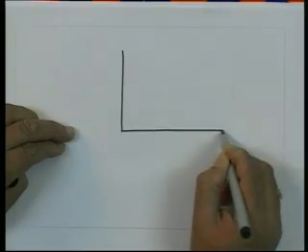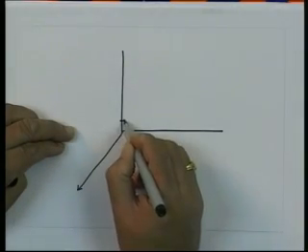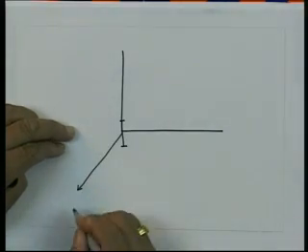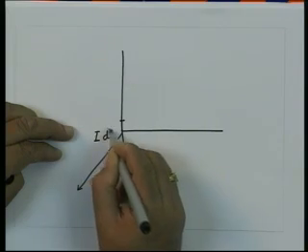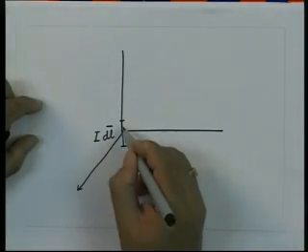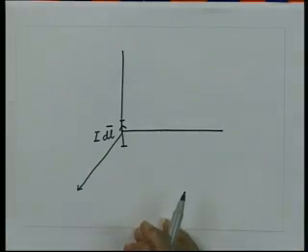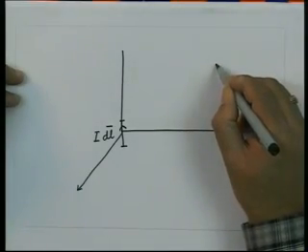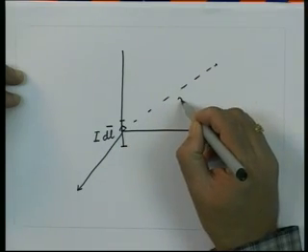So, let us say we have this coordinate system and the current element is located here. I will enlarge it a little bit. So, this is I dl and the current at some instant of time, let us say, flows like that, and then you have an observation point here at a distance r.